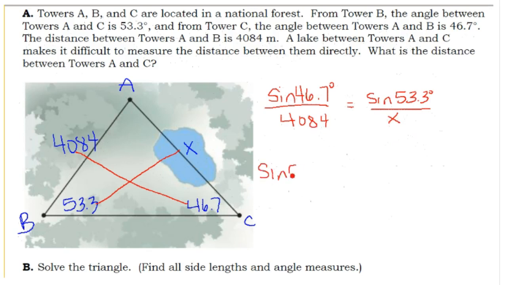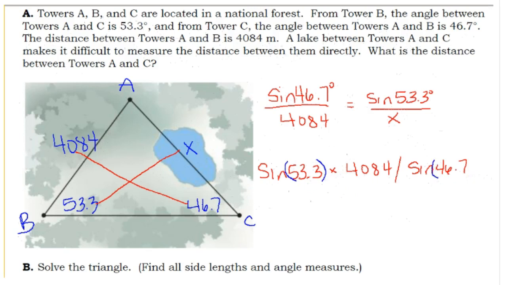Sine 53.3 times 4,084 divided by sine 46.7. So I want to caution you, if you're using your calculator, remember it automatically opens up parentheses here. You need to close it before you hit times and keep going. This one automatically opens as well.